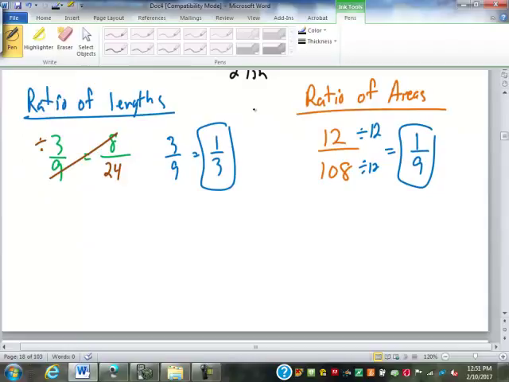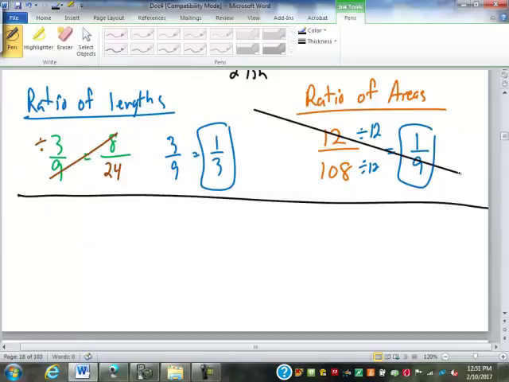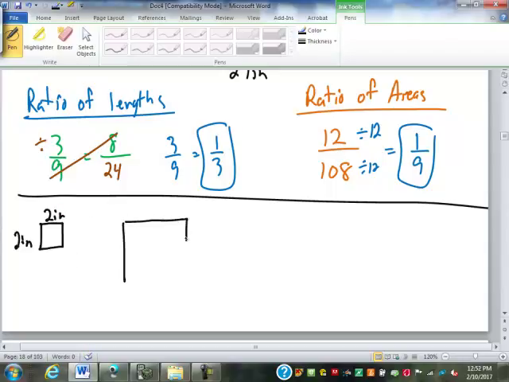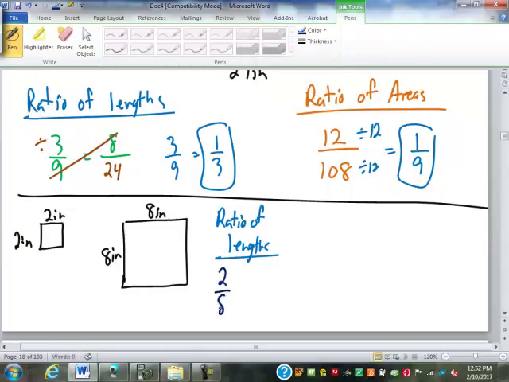Let's look at another one. Another example here. Let's say this is 2 inches by 2 inches. It's a square. And I'm going to blow it up. It'll be 8 inches by 8 inches. What is the ratio of lengths? Well, we have 2 to 8, which reduces to what? 1 to 4.